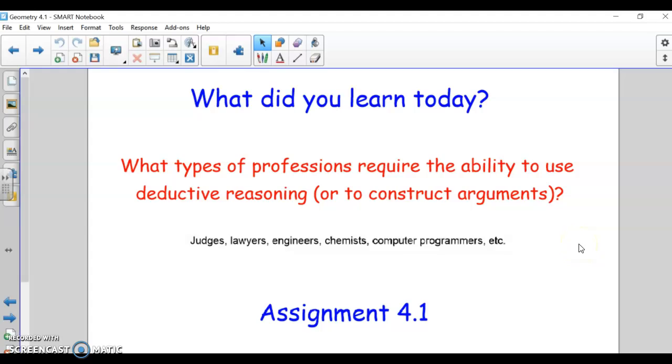Okay, on your homework, so the first question on your homework, you're going to have to plug in, what I would suggest is plug in those value choices for the different letters to see which ones will work. Since it is multiple choice, I would just plug them in until you find one that gives you the correct answer.